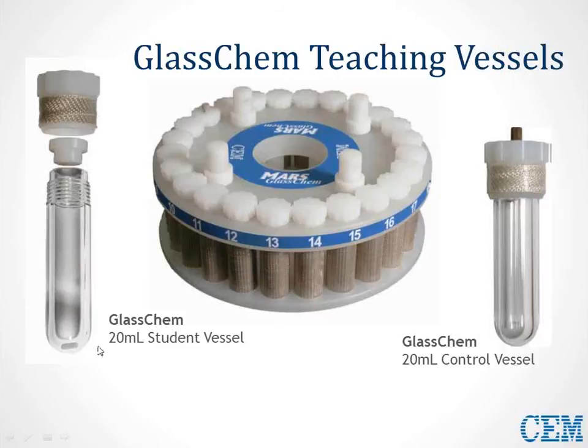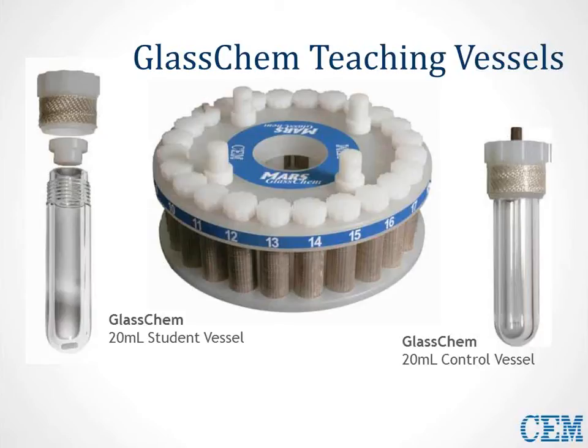Now you can see here I show a stir bar, because again we do recommend stirring inside each of the reaction vessels. You'll notice here on the turntable one of these caps is a little bit different, and that's because this is our control vessel. The control vessel features a thermal well, which is held in place by this brown plug here. The thermal well protects the fiber optic probe.